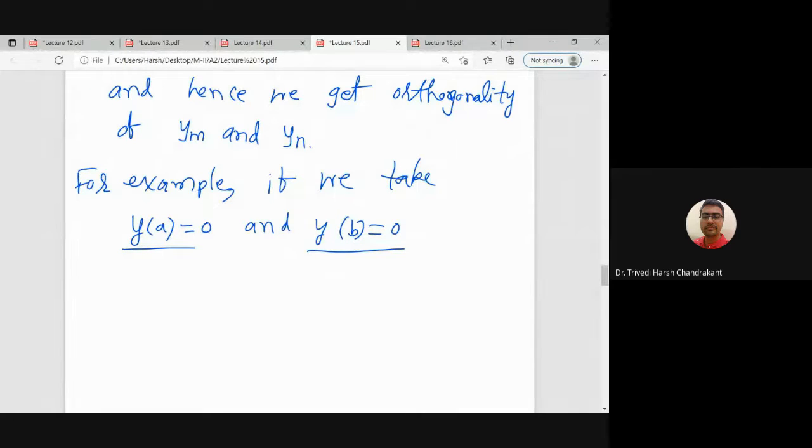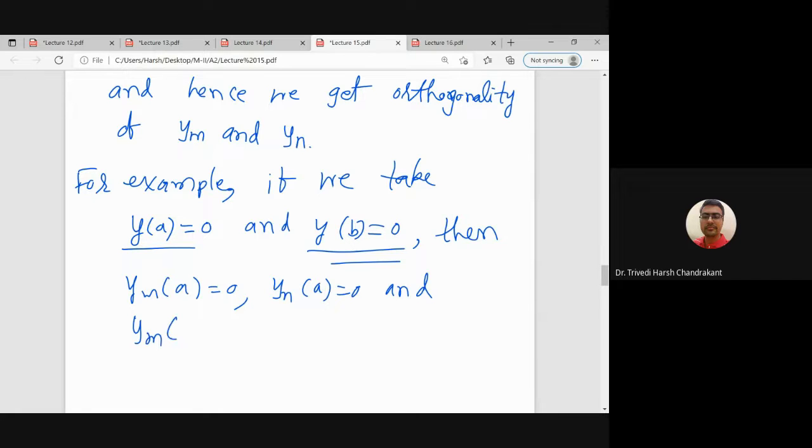So if we take this condition, then all the solutions satisfy it. That means ym(a) is 0, yn(a) is 0, as well as each solution value at b should also be 0, right?